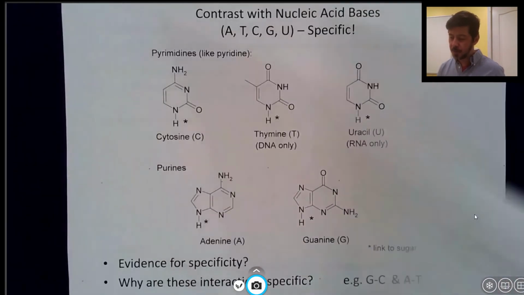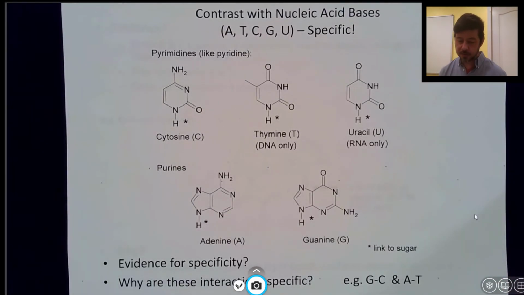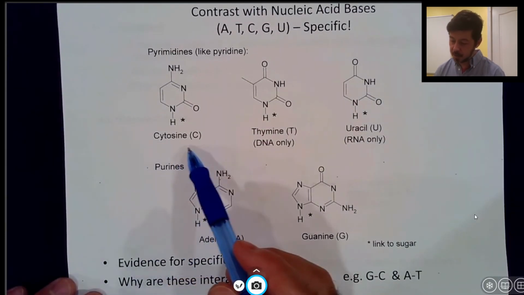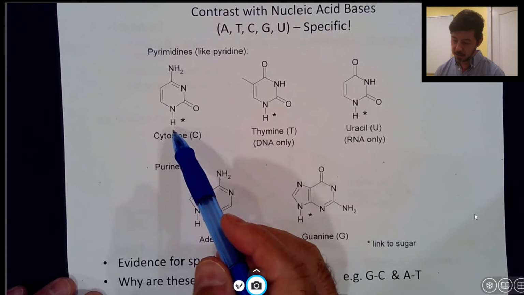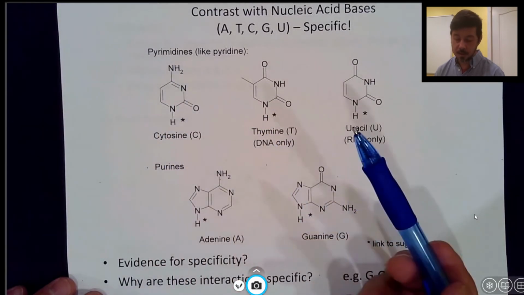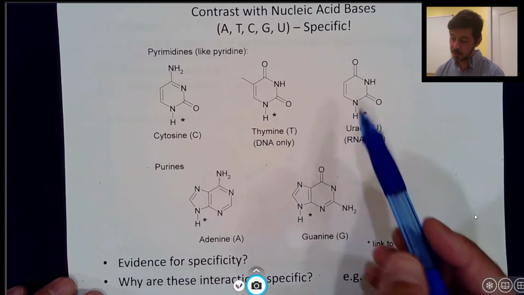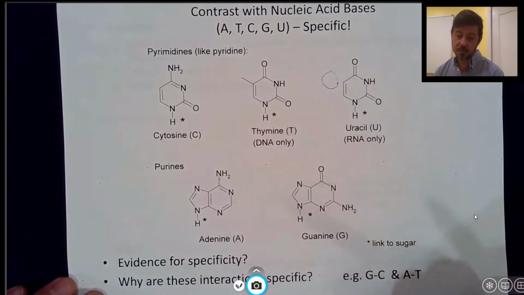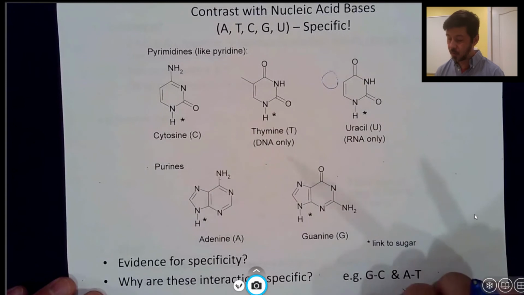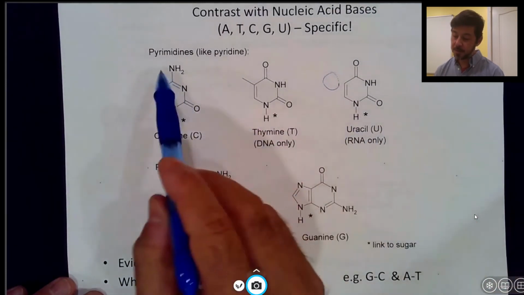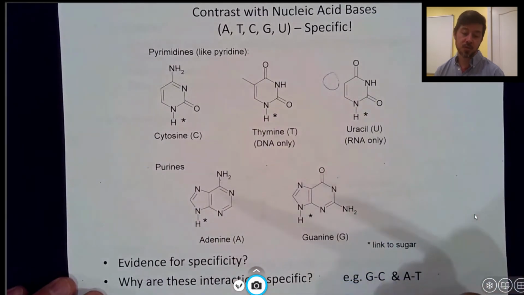All right, so in contrast, if we look at some of the nucleic acid bases, so cytosine looks like this. These are called pyrimidines. Thymine, that's in DNA. Uracil is missing the methyl group, but it's very similar otherwise to thymine. That's predominantly in RNA. These pyrimidines are very similar to pyridine.